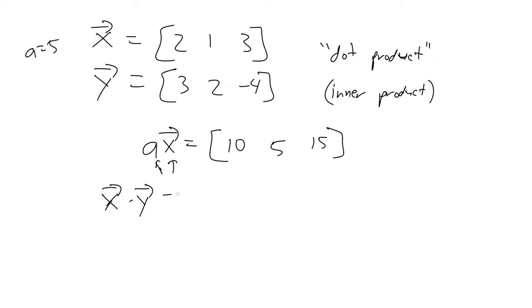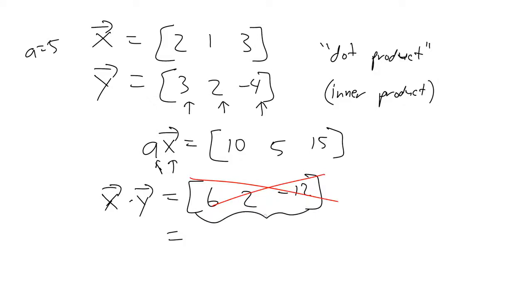So wouldn't you think that this would give me something like 6, 2, negative 12? Wouldn't you think I'd multiply the first two together, and the second two together, and the third two together, and then I would get a vector back, which would be the multiplications of each of those three things? Yeah, you totally think that. No, it's not what it is, though. What I get is a scalar back, and it's essentially going to be the scalar that's the sum of those things.